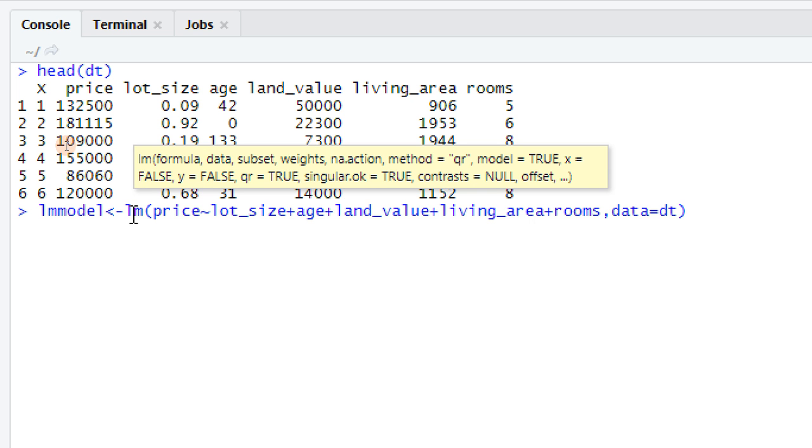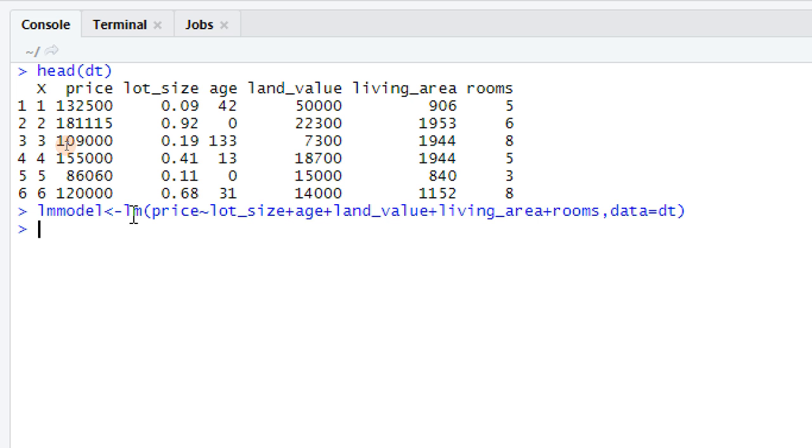Our model was trained, our model was done. But what I did here is I supplied data is equal to dt, which means 100% of the data I have used here.